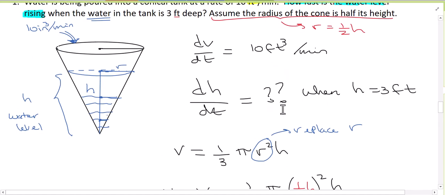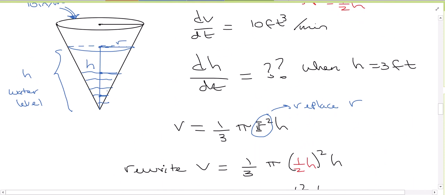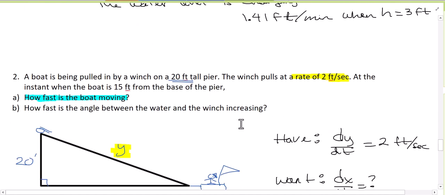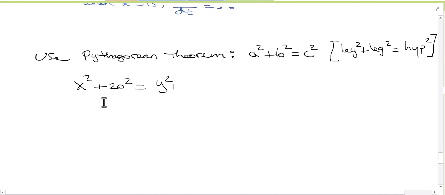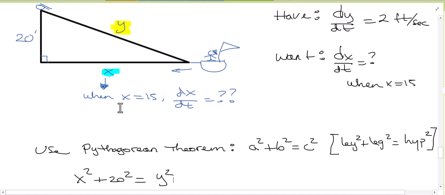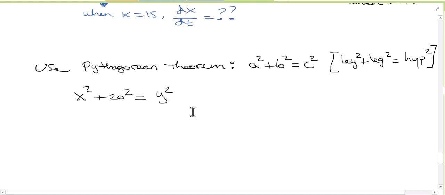And remember the formula for the cone, the volume was 1/3 pi r squared h, but our dwats only had v and h, so we needed to figure out a way to get rid of the r because we don't have anything about r in our dwats. So here, luckily, we already have just x's and y's. Our dwats have x and y, and our equation has x's and y's.